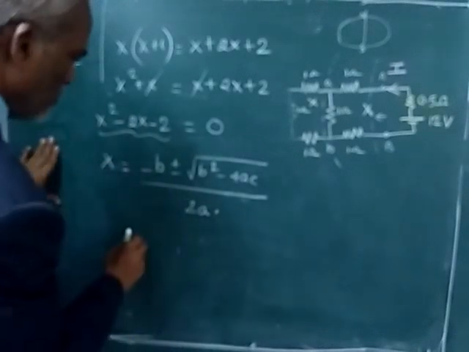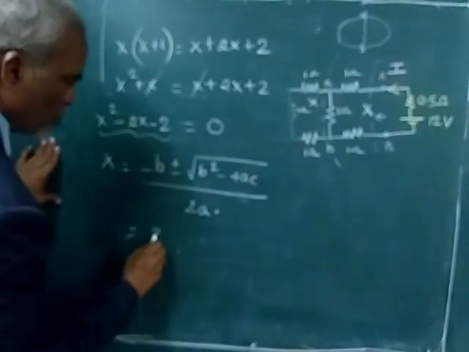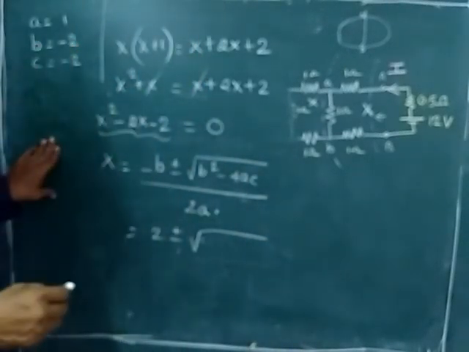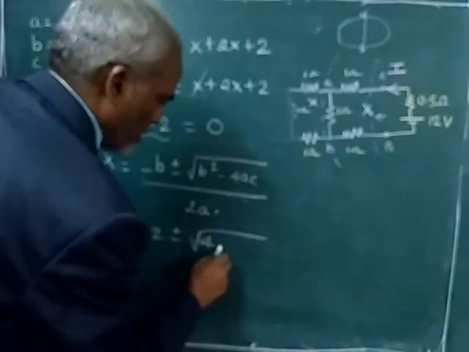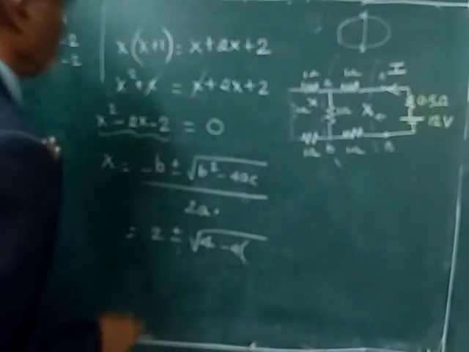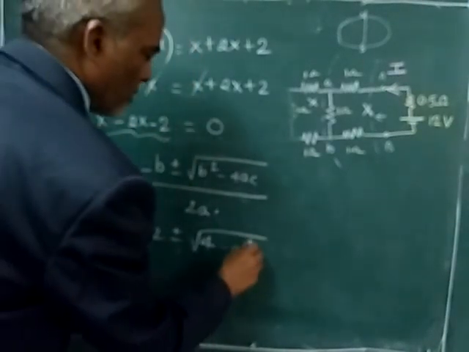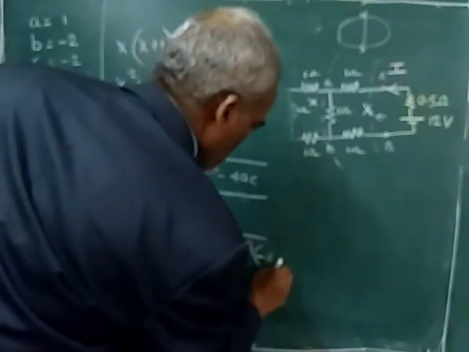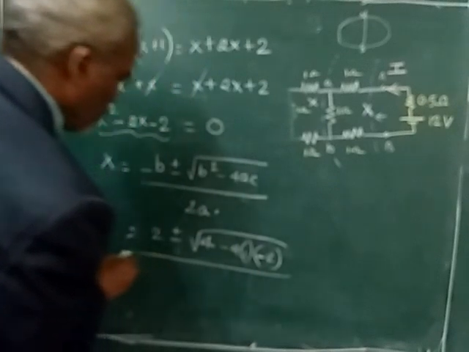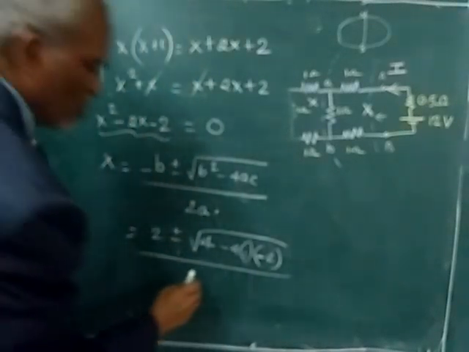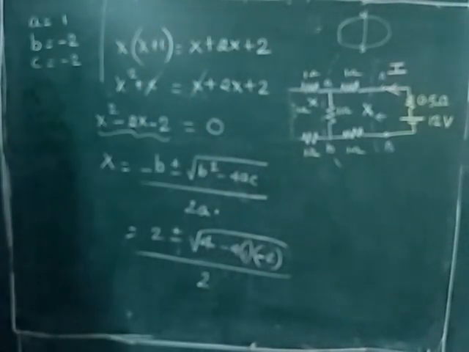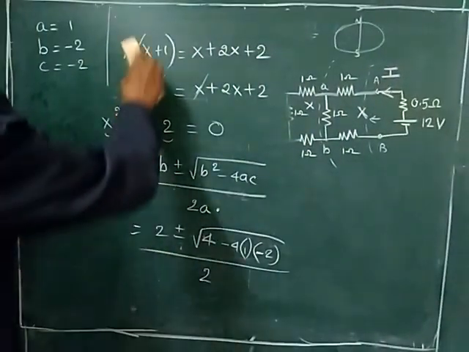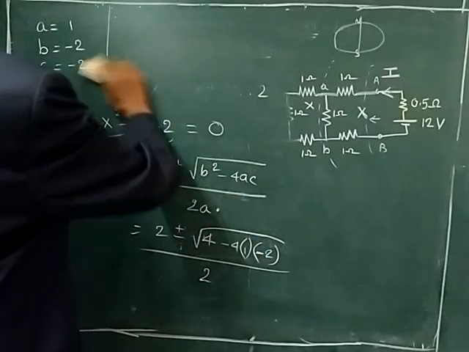If you substitute, minus into minus plus, so 2 plus or minus root of B square, minus 2 square is plus 4, minus 4 into A value is 1 and C value is minus 2, divided by 2A, 2 into 1, which is 2. Next step.